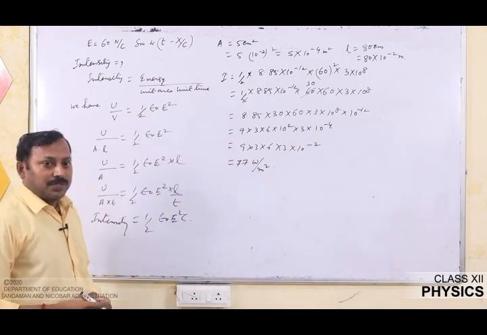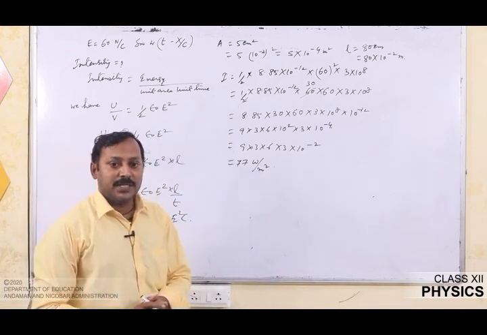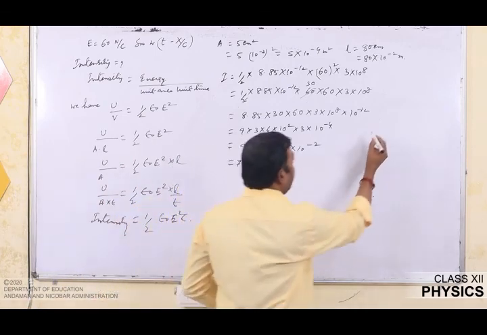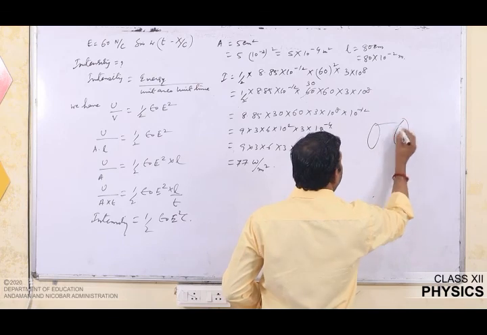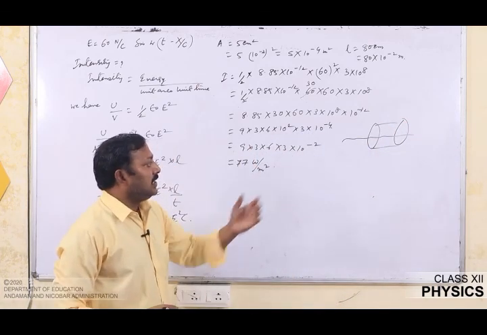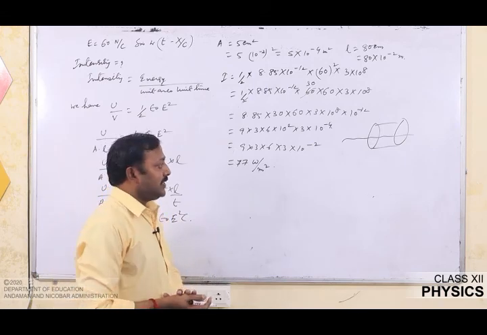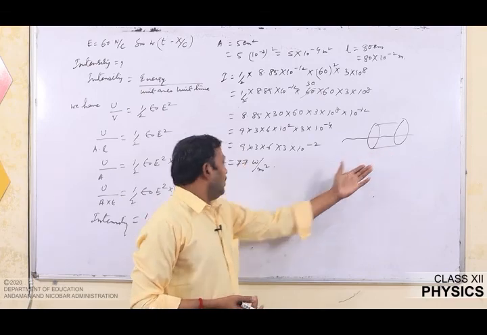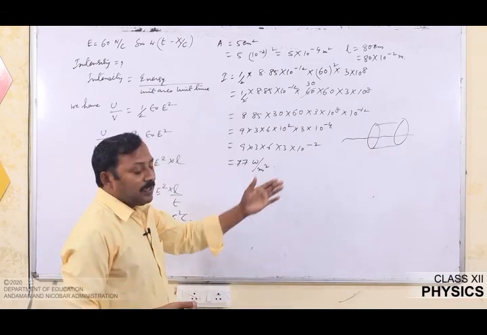So, in this question we calculated the energy contained in a cross sectional cylindrical area. Here we have a cylinder, through which electromagnetic waves are passing. So, we calculated the energy that is contained in this cylinder and the intensity that is received by this cylinder in a given area in given time.